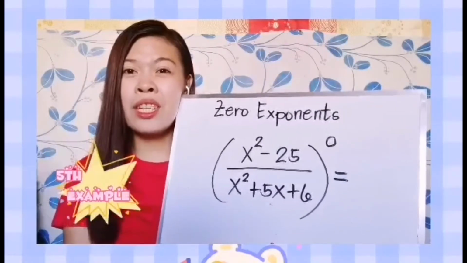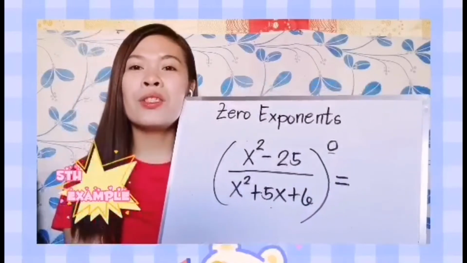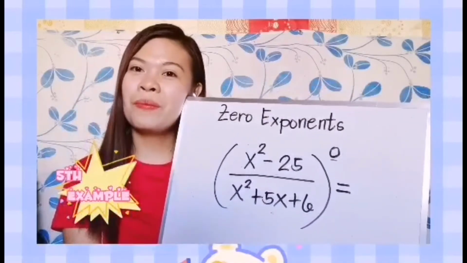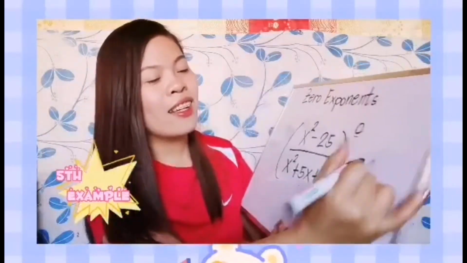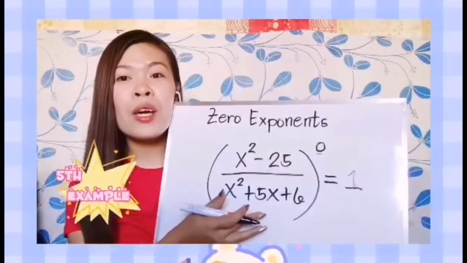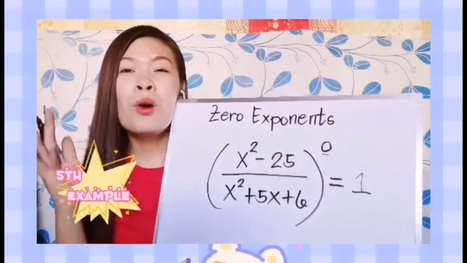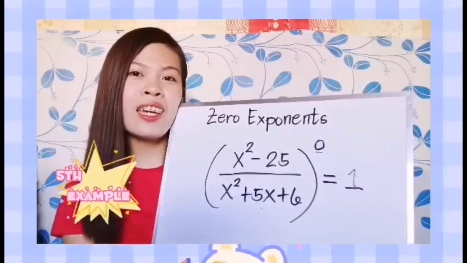Do you think it's very difficult? Remember, the whole thing is being raised to 0. So what is the answer? Yes, of course, the answer is 1. Since the whole thing is raised to 0, any number, small or big, as long as it is being raised to 0, the answer is 1.